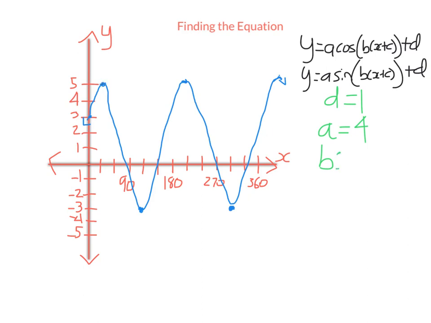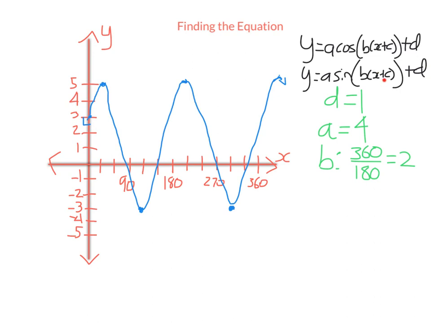So here we have, and I'm sorry if it's not 100% clear, a maximum at 30, and we have another maximum over here at 210. The distance between maximums here is 180. So b is 360 divided by the period, which is 2. There are 2 full cycles per 360 degrees.